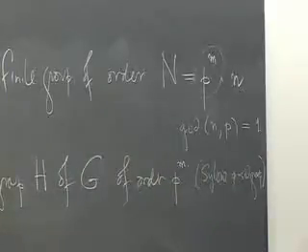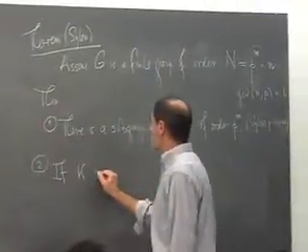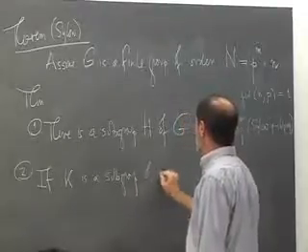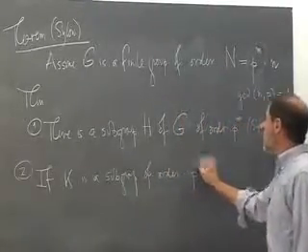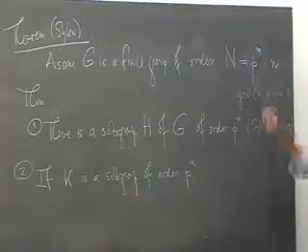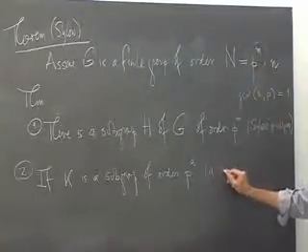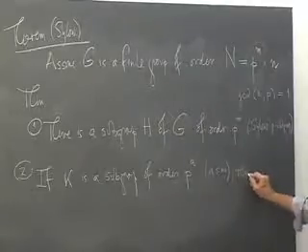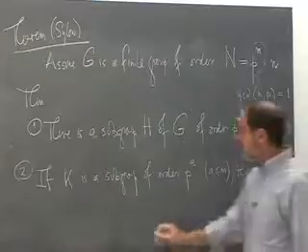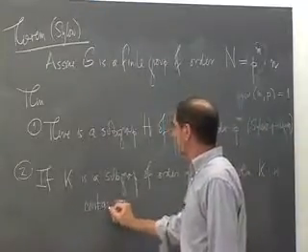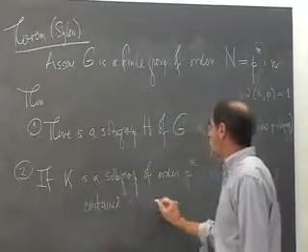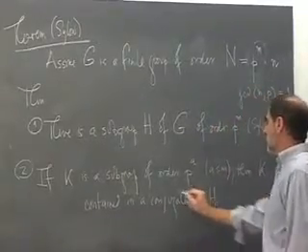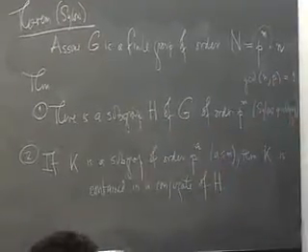2. If K is a subgroup of order p to the a, any a, we know a is less than or equal to m because the order of a subgroup has to divide the order of a group, then K is contained in a conjugate of H, the Sylow p subgroup that we found up there.